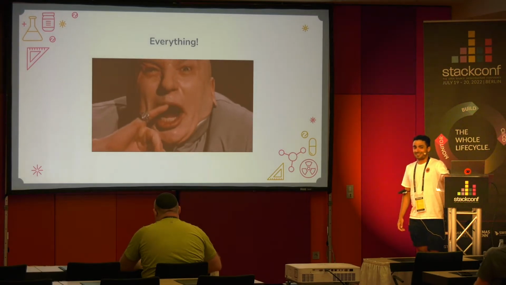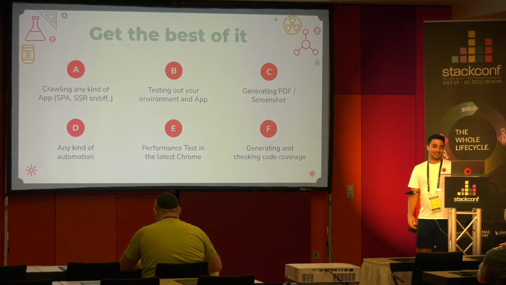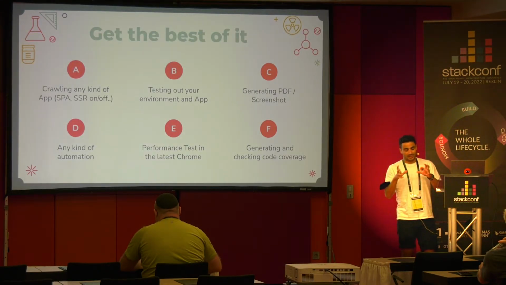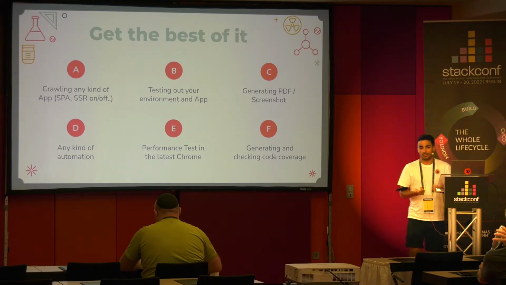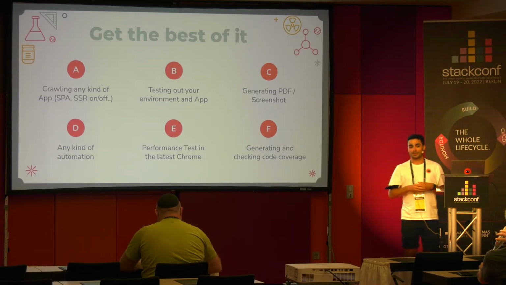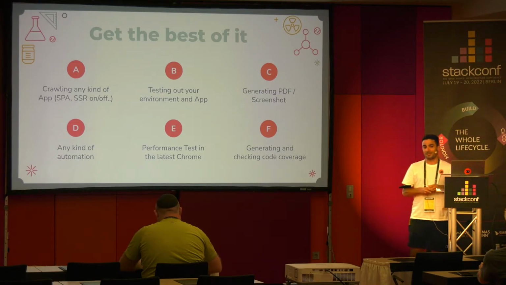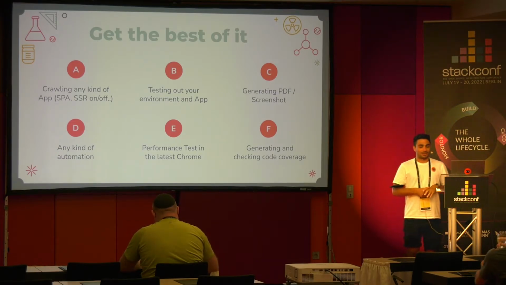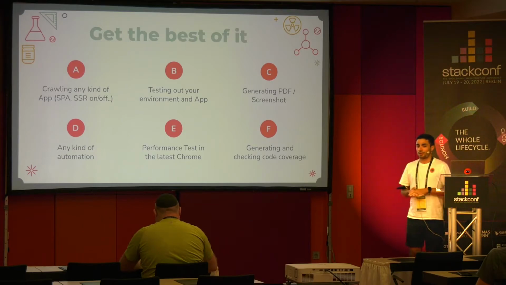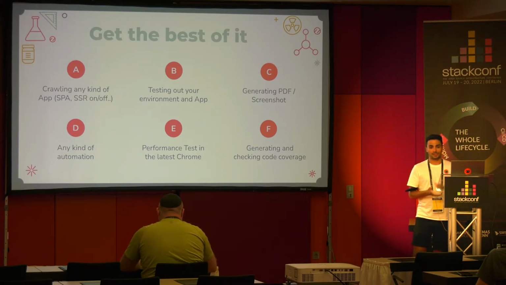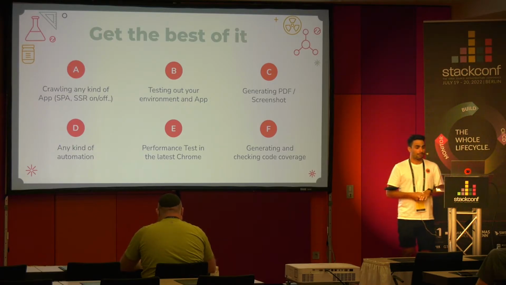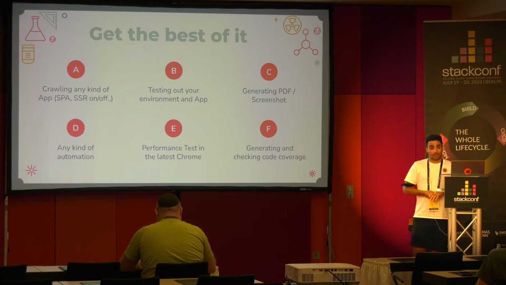Everything, literally everything. So let's just give you some points. We can crawl a page or a website. Of course, you need to be very ethical on this. So with permission, and you can crawl any kind of application, single page app, server-side rendering, or whatsoever. Of course, you can test your environment.